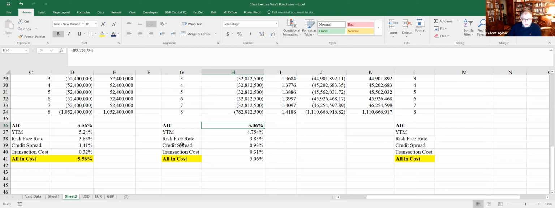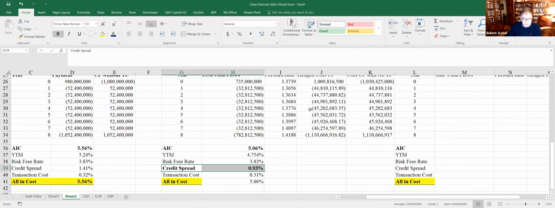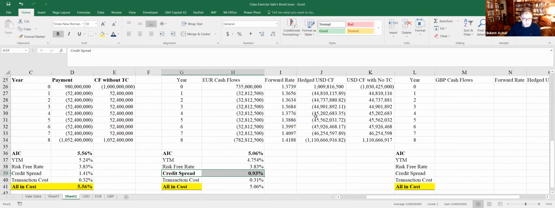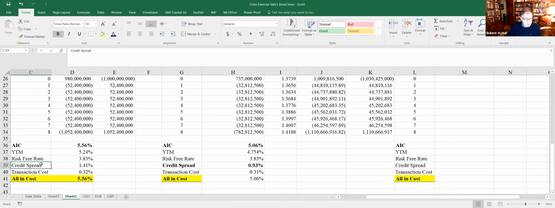Just want to bring to your attention that the credit spread in this case is not the same as the credit spread in this case. So we have a credit spread differential.